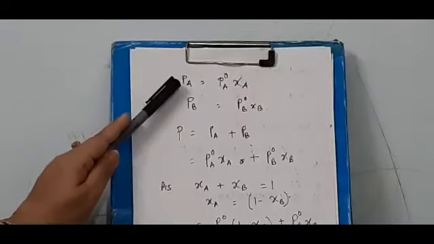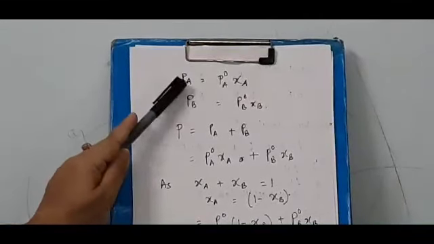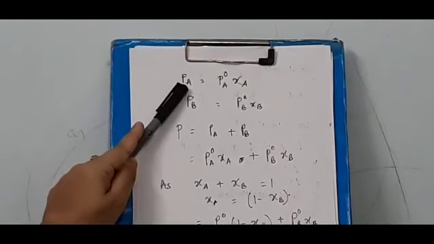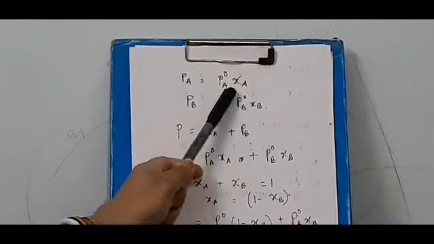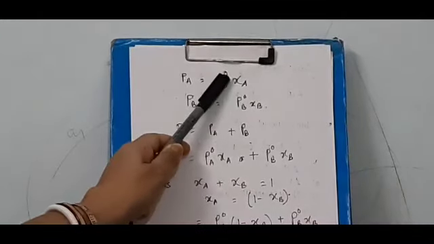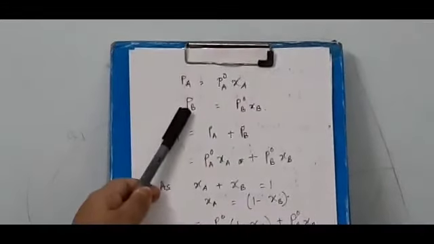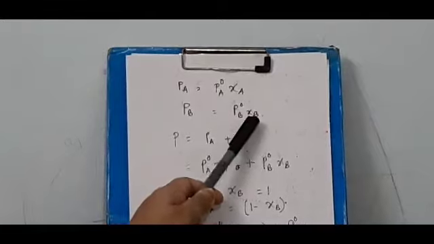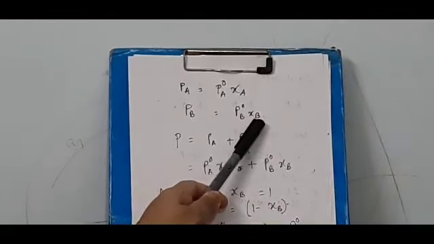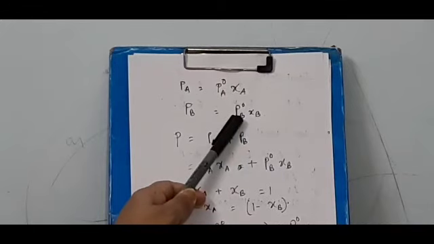I have chosen here two components, A and B. Here PA is the partial pressure of component A, which is equal to its vapor pressure in pure state multiplied by its mole fraction. And PB, the partial pressure of component B, is equal to the mole fraction of component B multiplied by the vapor pressure of component B in its pure state.